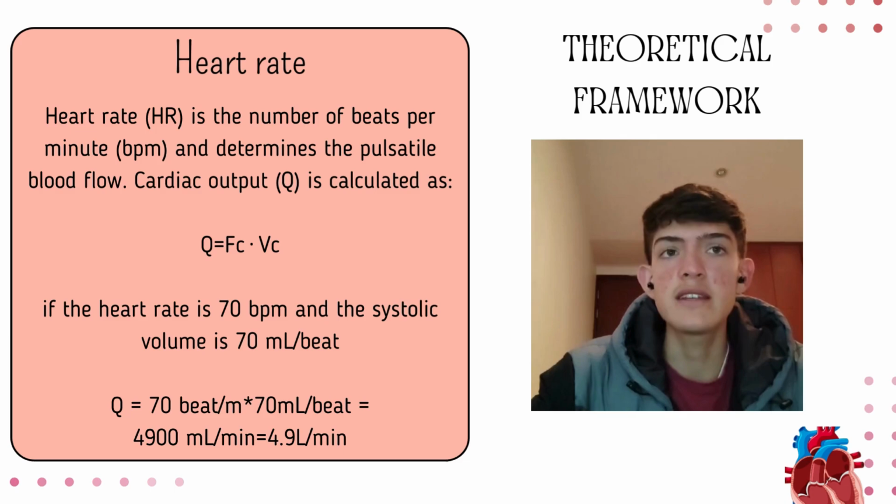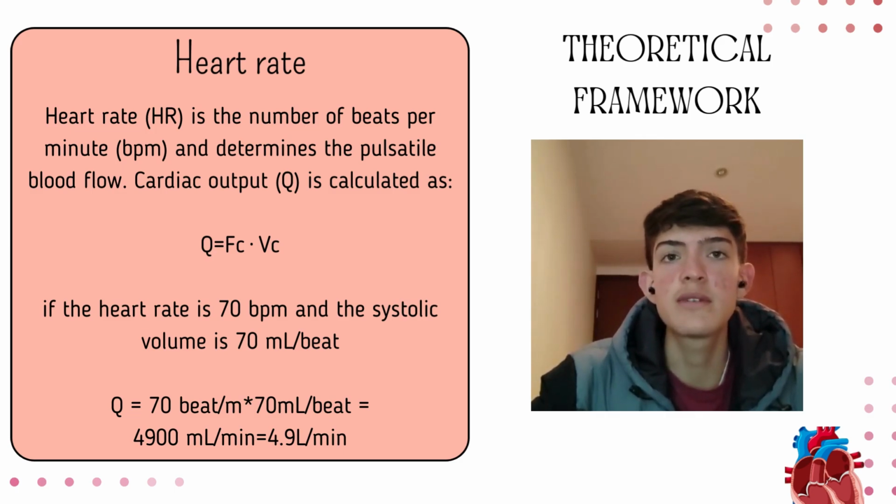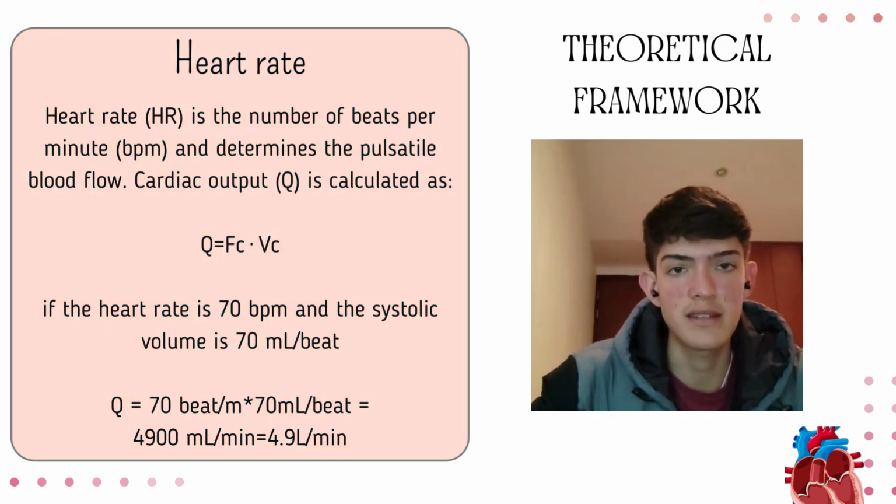If the heart rate is 70 bpm and the systolic volume is 70 milliliters per beat, Q equals 70 beats per minute times 70 milliliters per beat, which equals 4,900 milliliters per minute, and this equals 4.9 liters per minute.